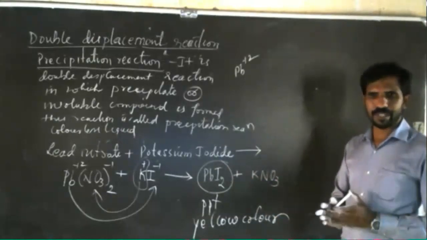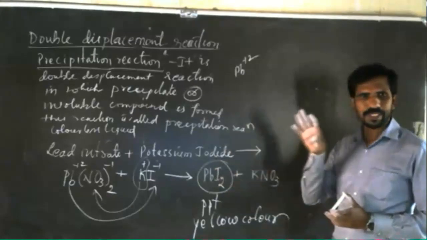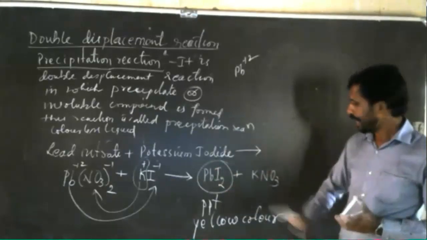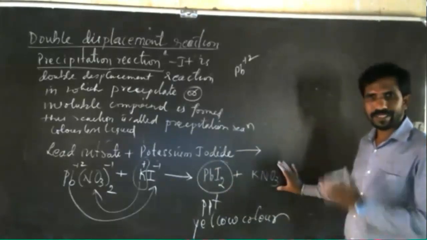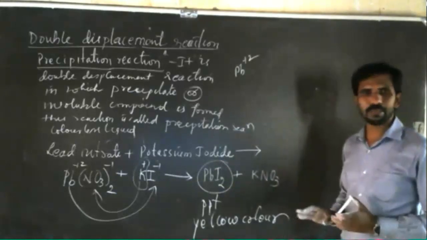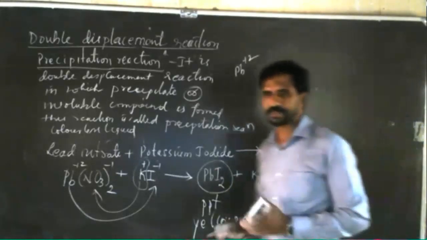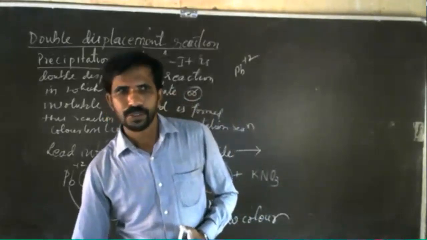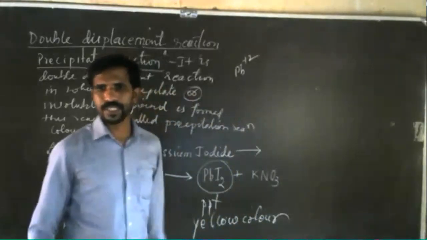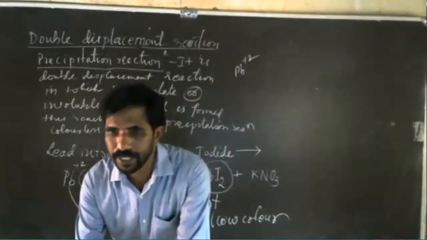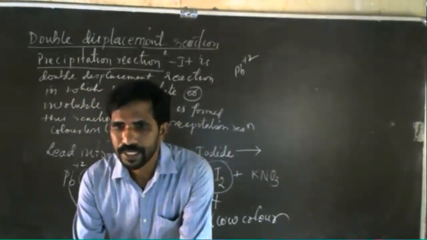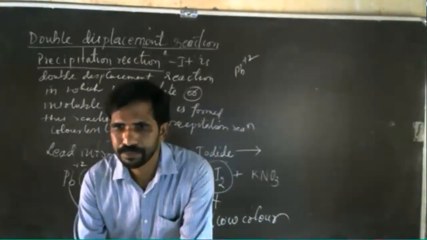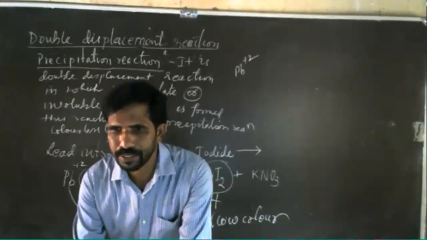If we keep the test tube where the reaction happened undisturbed for 10 to 15 minutes, all the precipitate in the test tube settles down and a clear solution is formed. That clear solution is nothing but potassium nitrate. So this is about the precipitation reaction.